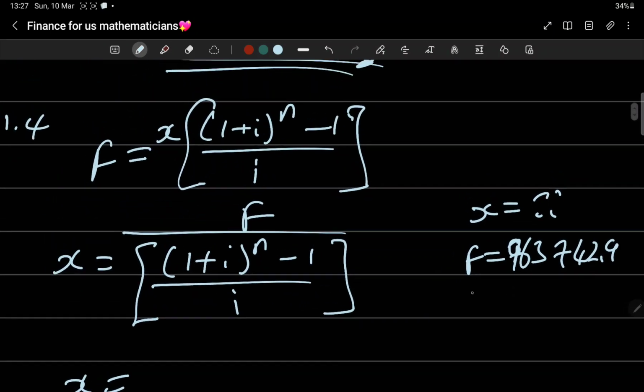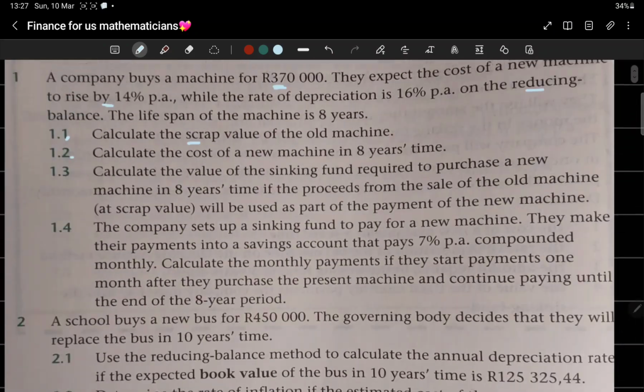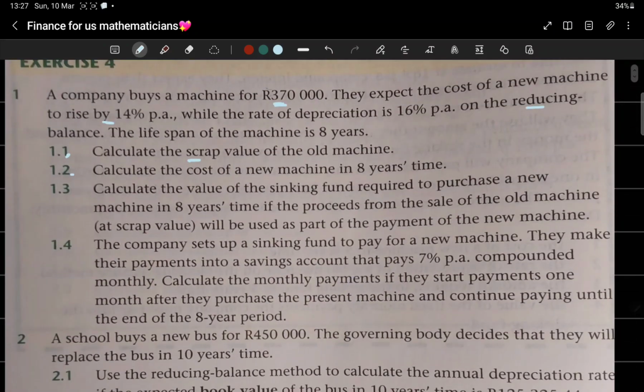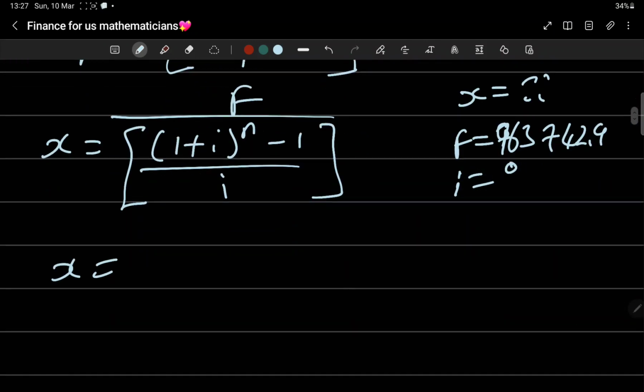Then what is i? They give us that it pays 7% compounded monthly. So it's 7 over 100, which is 0.07, monthly so over 12. n equals 8 times 12, which is 96.